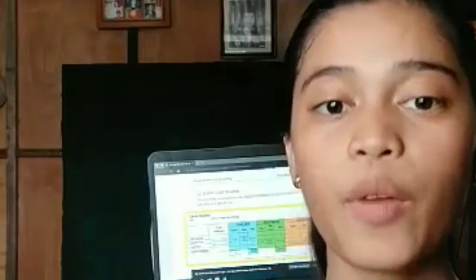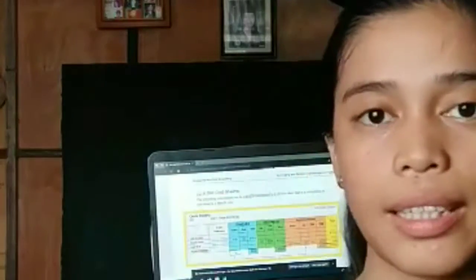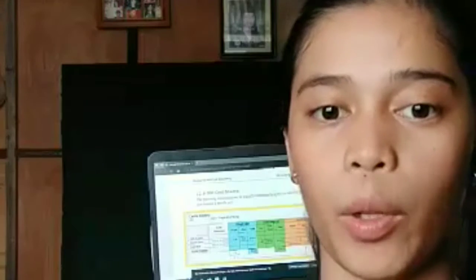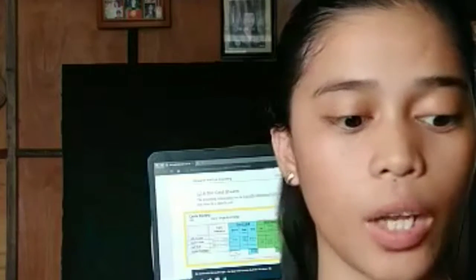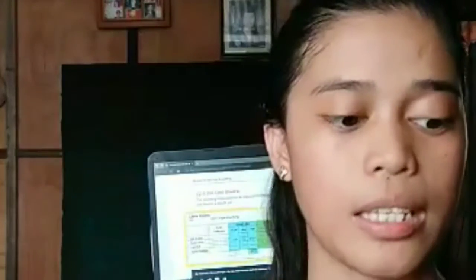The job cost sheets. This is the next table. The first one is the Castle Electric and the second one is the job cost sheets. The preceding information can be logically transferred to a job cost sheet, that is a compilation of cost data for a specific job.